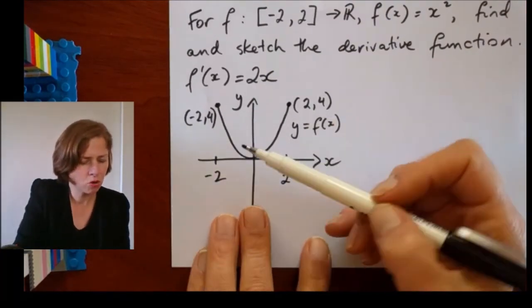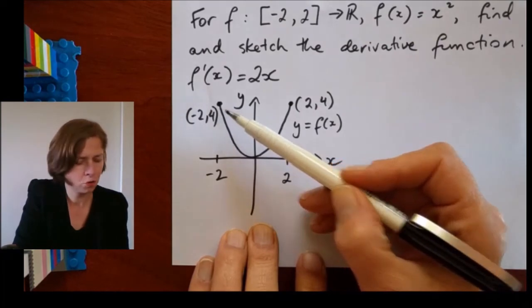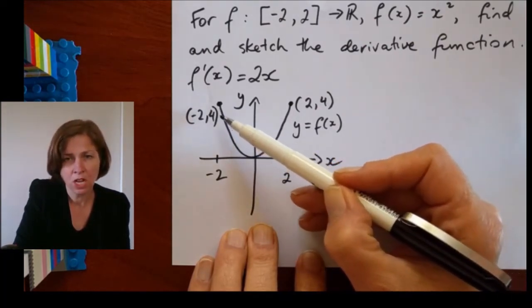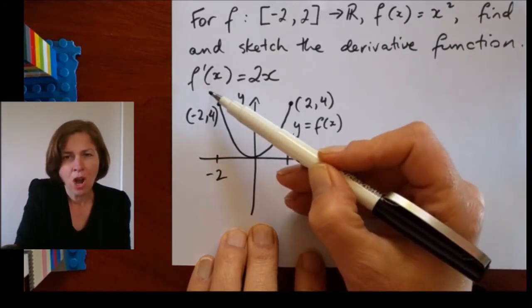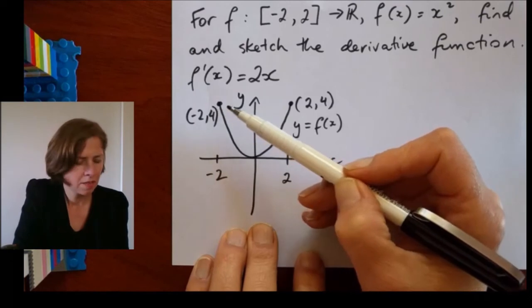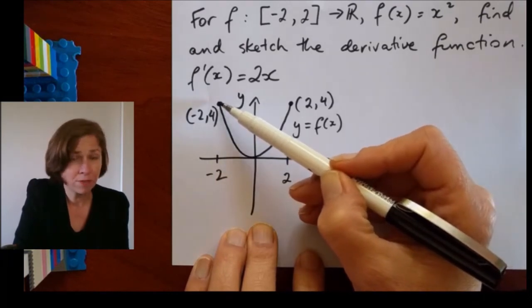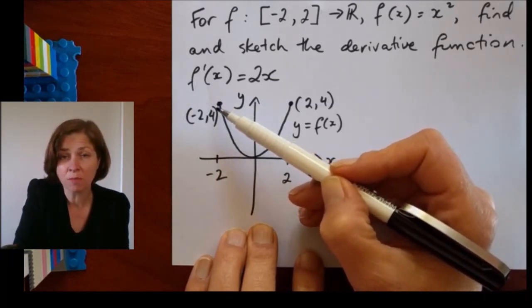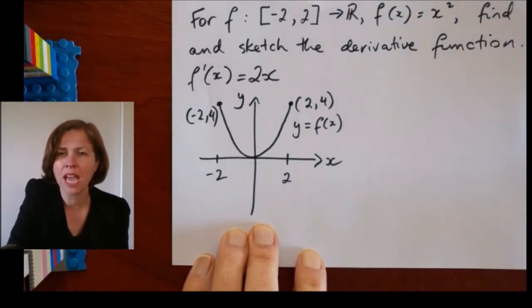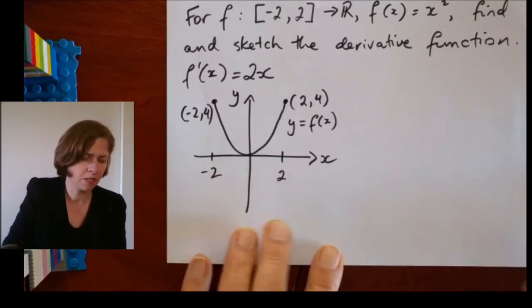As I approach this point, negative 2, 4, from the right, I can see that I have a gradient. But I cannot approach from the left because the graph finishes. Therefore, my graph stops being continuous after this point, which means that on this point, I'm not able to differentiate because I'm not able to establish a limit of the gradient as I approach from the left.